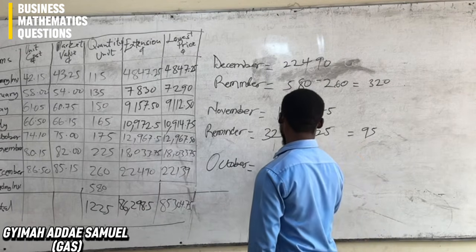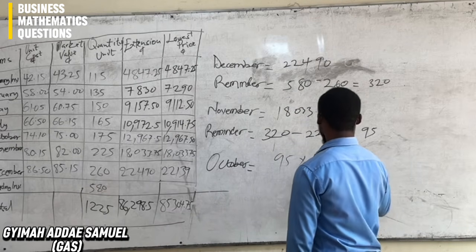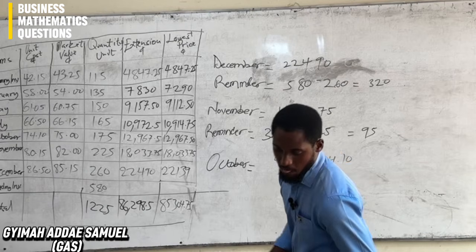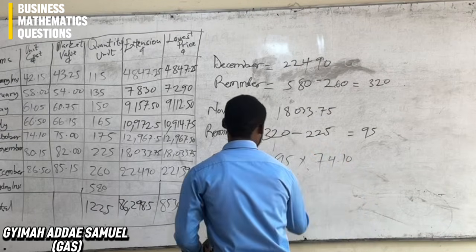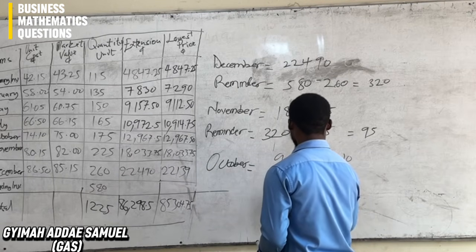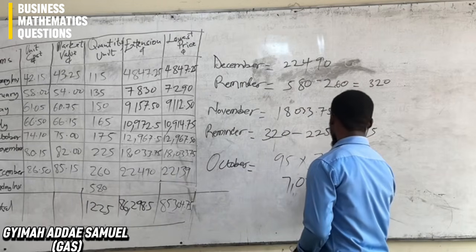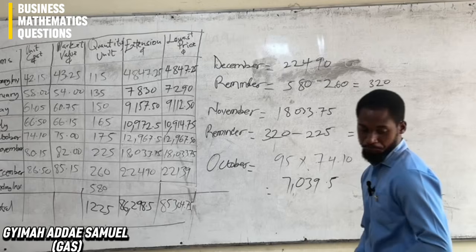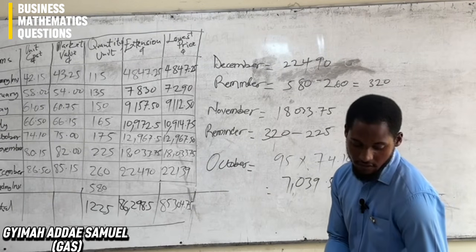So 95 by 74.10, and we are getting 7,039.50 for October.